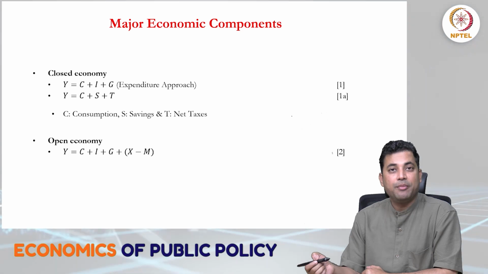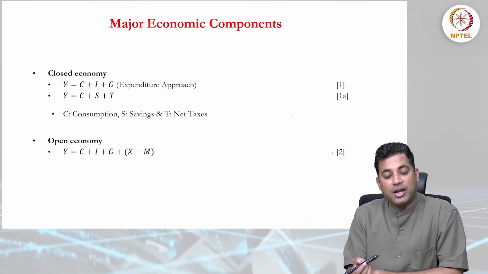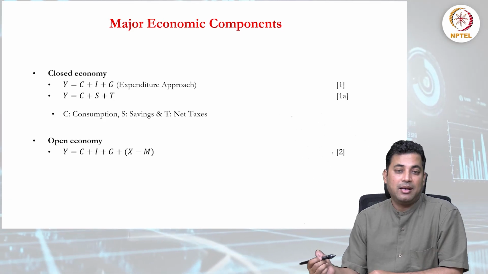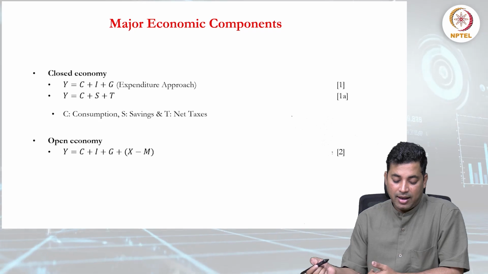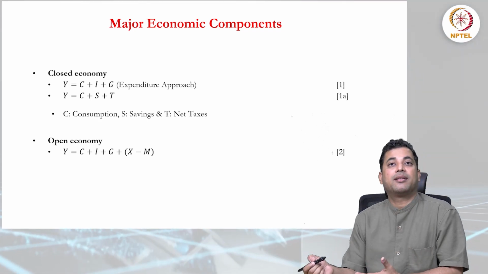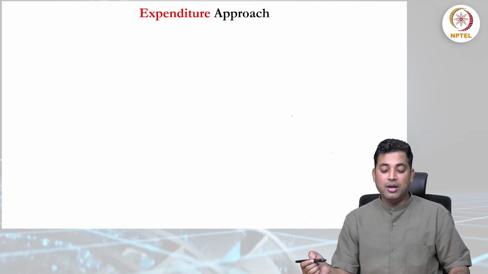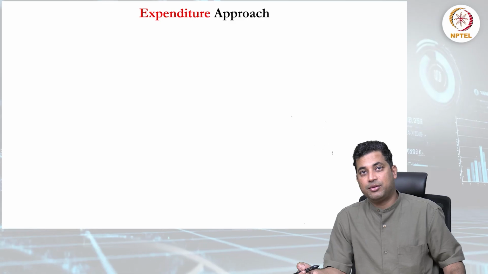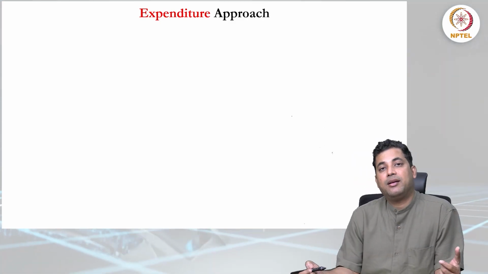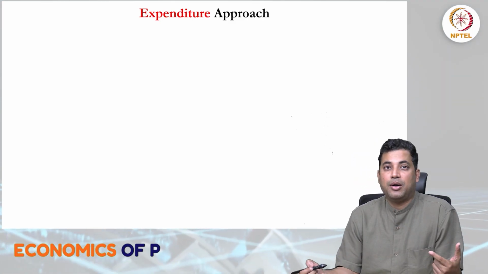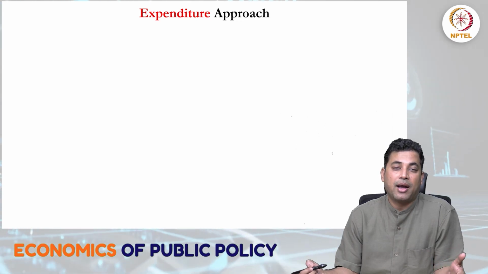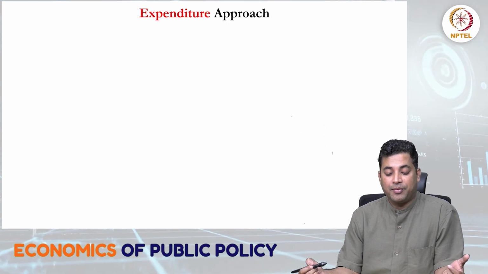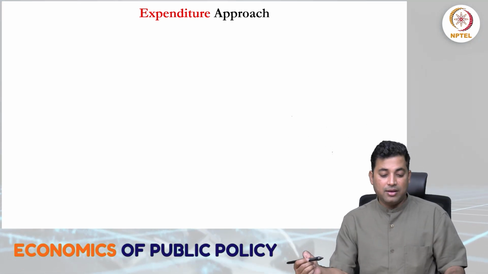In case of an open economy, Y, the national output, equals C plus I plus G plus X minus M, where X is export and M is import, and X minus M is the net export. Now if we follow the expenditure approach, in this course I'll be taking the expenditure approach to tell you what are the macroeconomic components that are used for policy calculations.